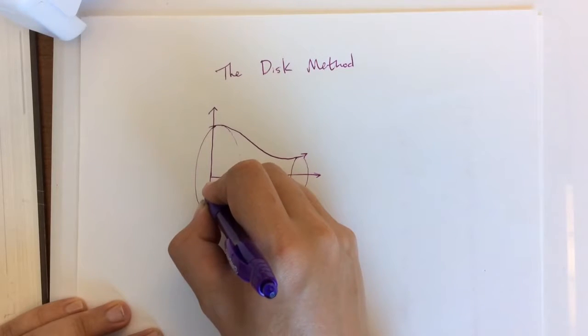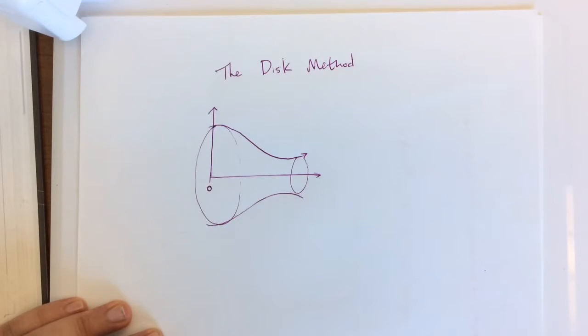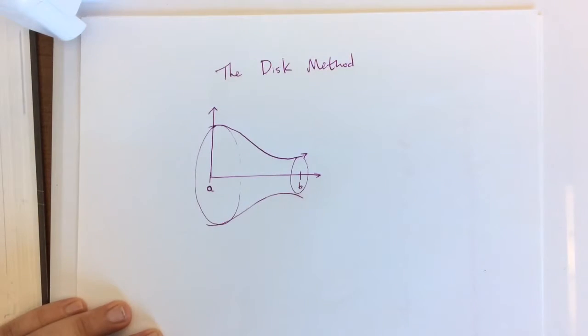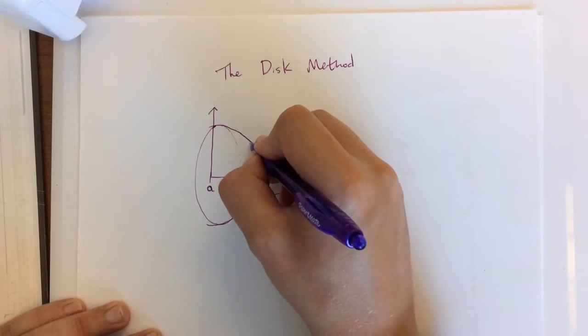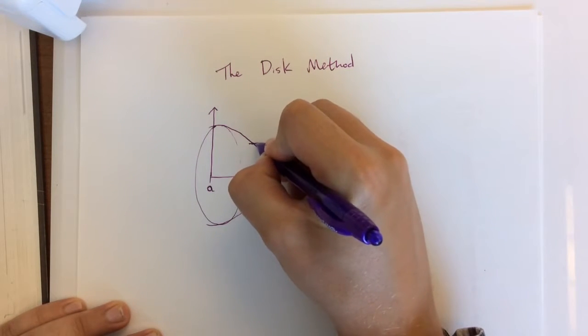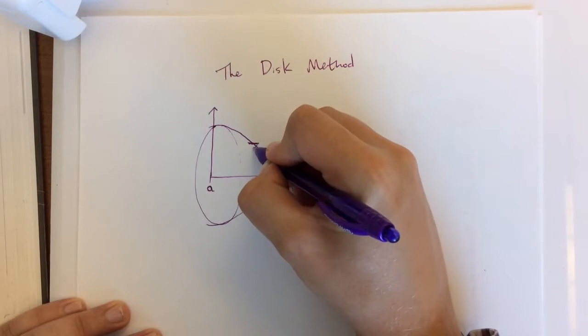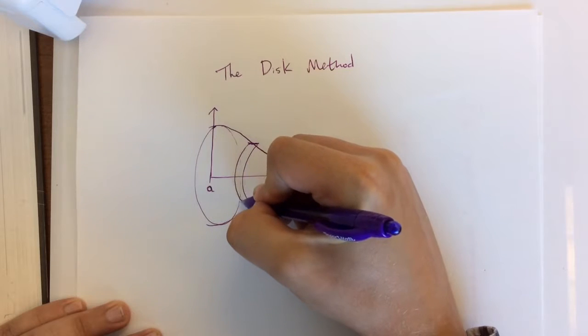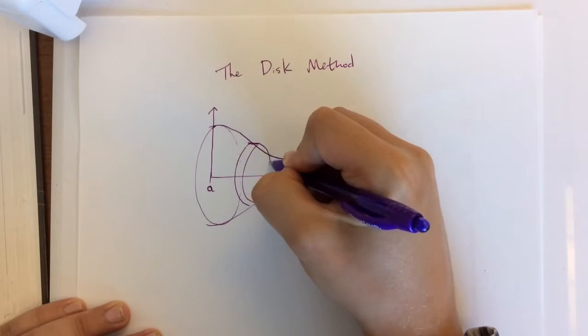The lowest value of x is 0, but let's just call it a, so we'll make it general, and the highest value is b. For the disk method, we add a number of approximating disks of this volume.